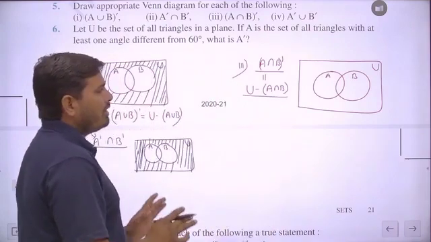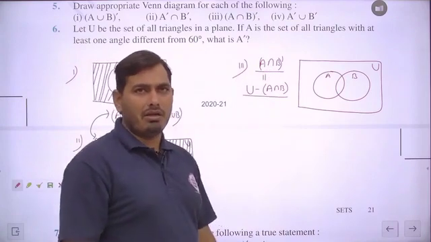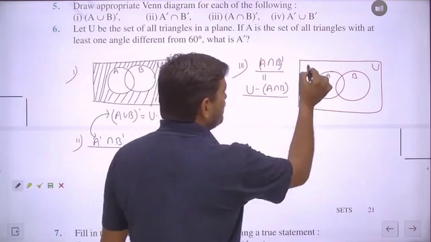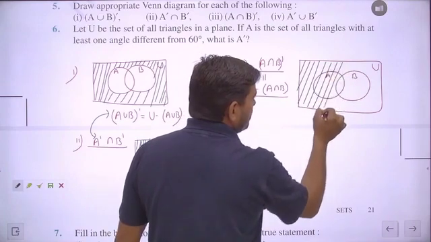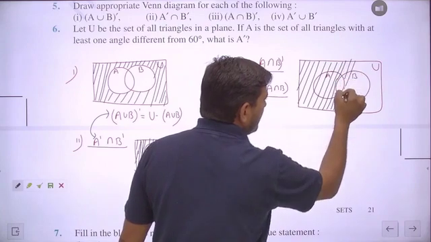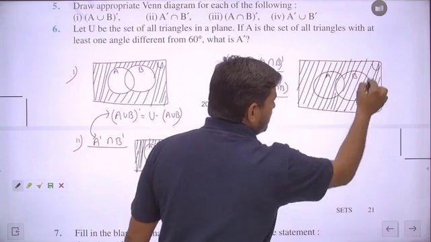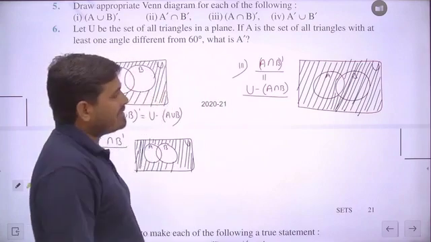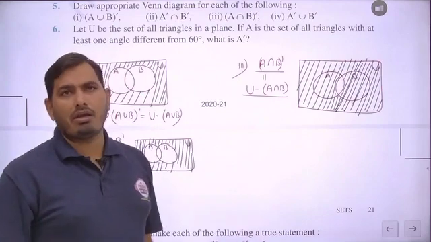We will write down the elements except A intersection B. So the area to be shaded is like this: this part is not shaded and the remaining part is shaded, because we just leave out the part which is A intersection B, as per the definition U minus A intersection B.